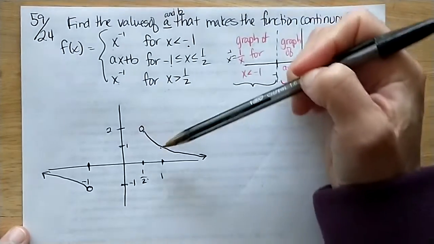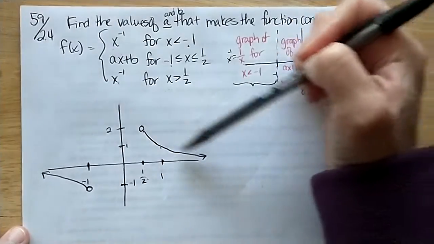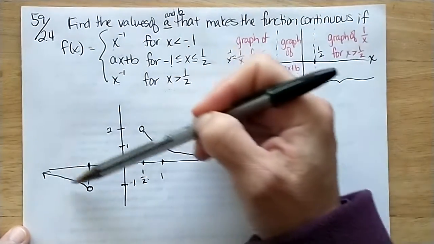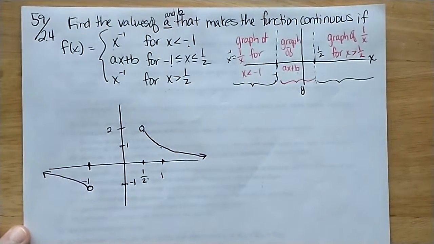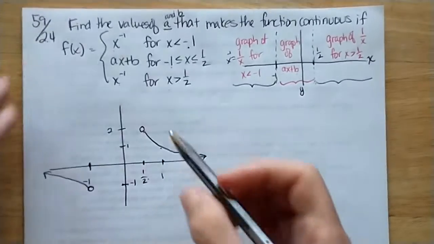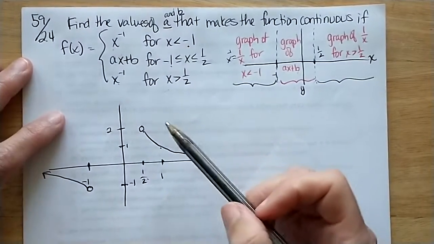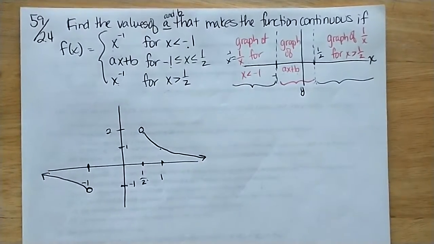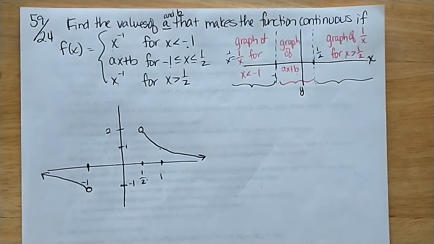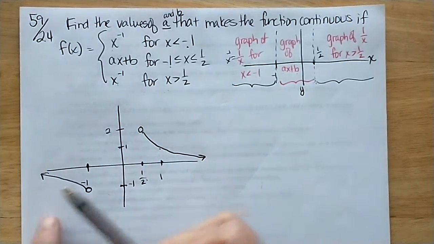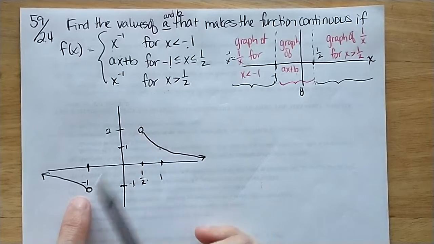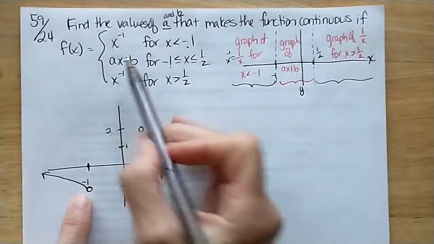The whole graph of 1 over x is a hyperbola, and it hugs up against the x and the y axes. Okay, so now I need to figure out how to make this middle branch so that the whole function is continuous.